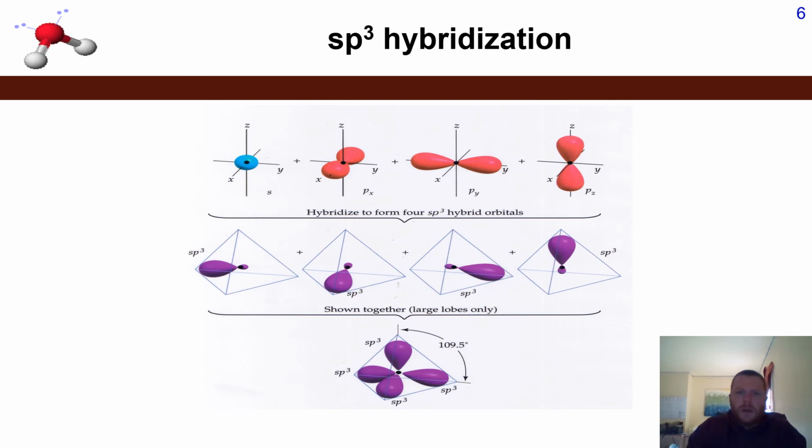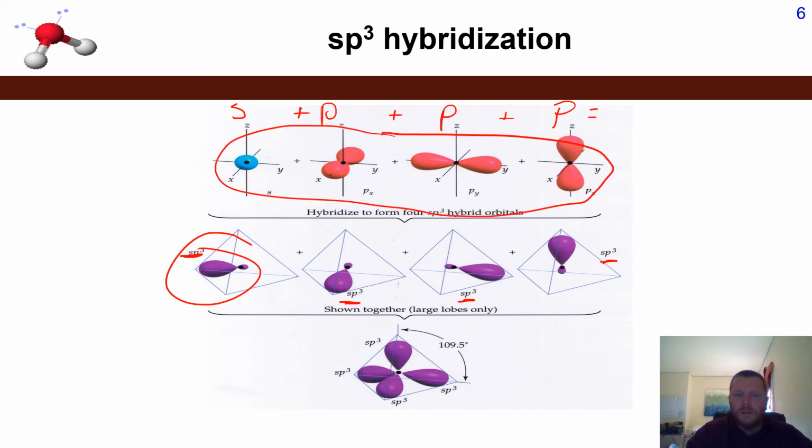So this right here is an s orbital. This is a p, this is a p, this is a p. So all of these, 4 orbitals, they get added together and they produce orbitals that look like all of these right here. So think about this as an average of all of these things. Think about this one as an average of, well, all of these.